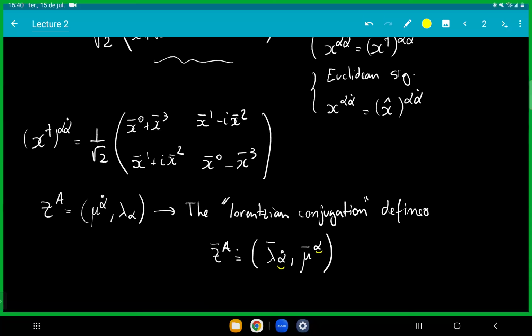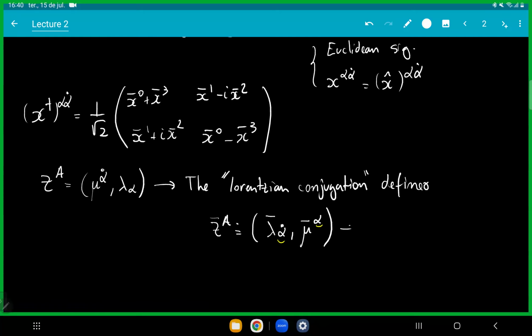So when I define this conjugation, what it does is flip the representations.